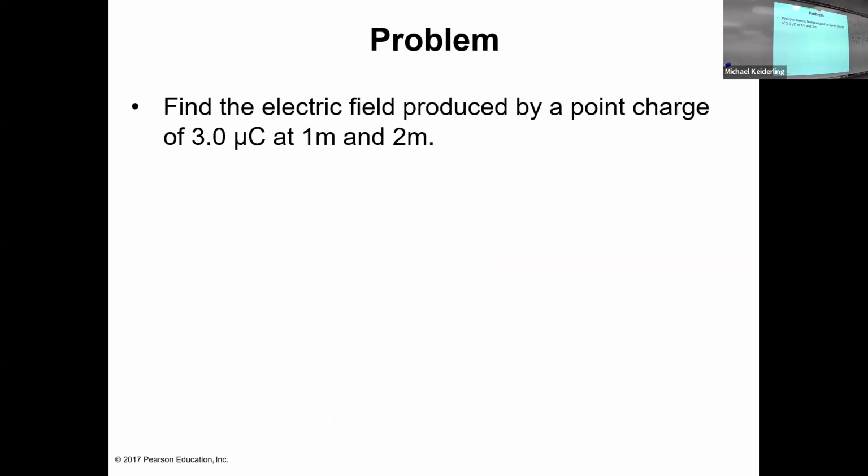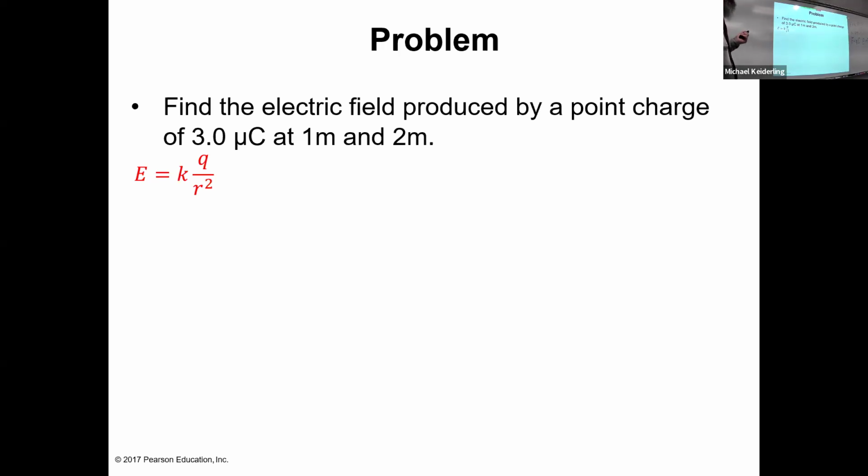Vectors can be added by either adding their components or adding them graphically and so on. So let's find the electric field produced by a point charge of 3 microcoulombs at a distance of 1 meter and at a distance of 2 meters. This is fairly straightforward. The electric field is just kQ over radius squared.